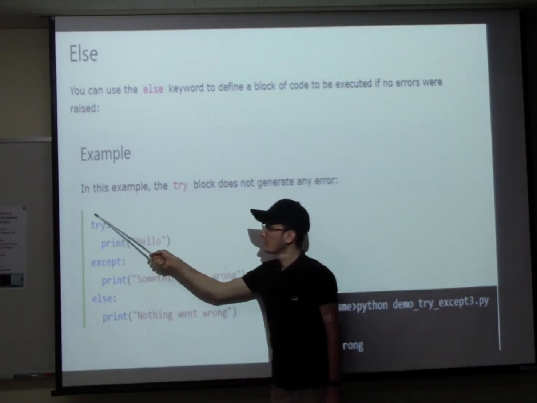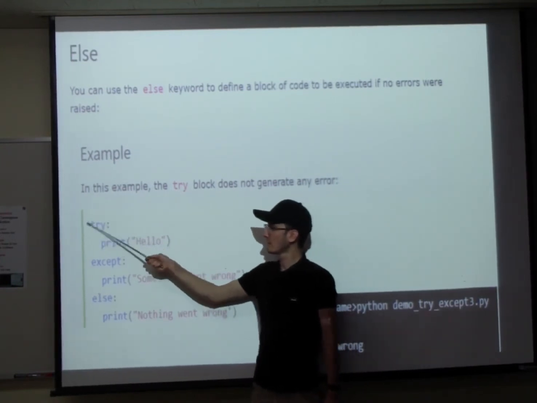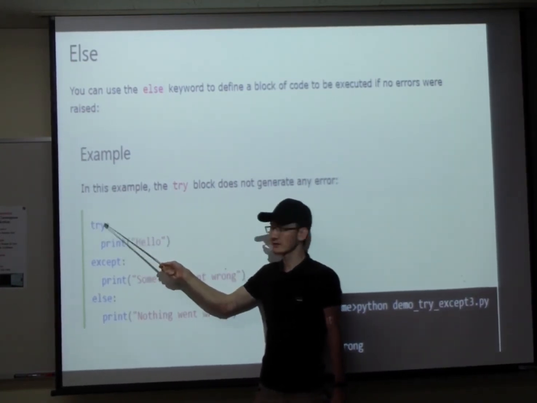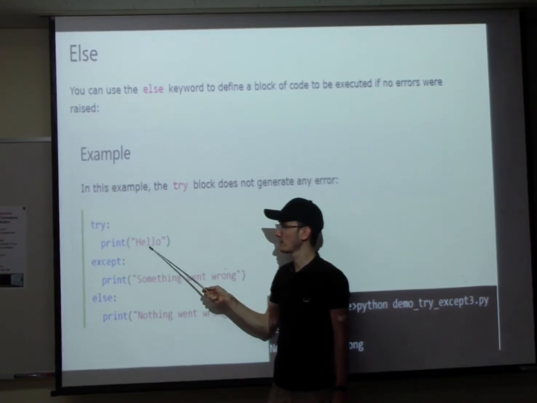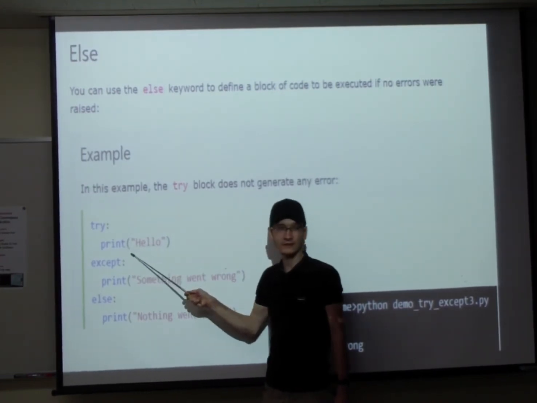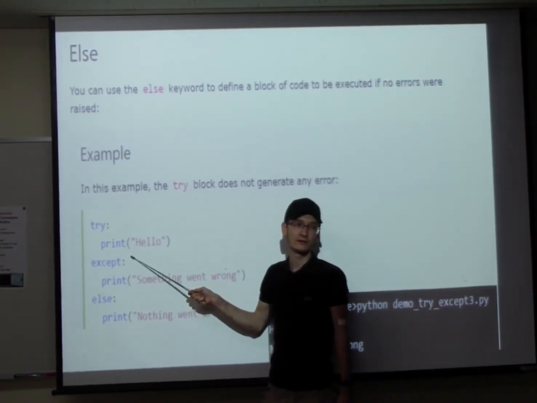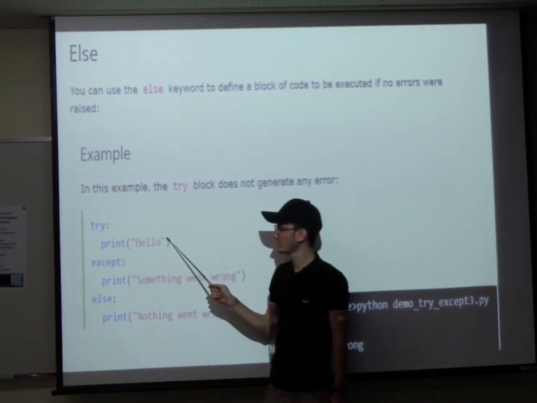Look, we just put try command. So inside the try, we are writing print hello. Does this have error or not? No. No errors. Yes, we don't have errors here.